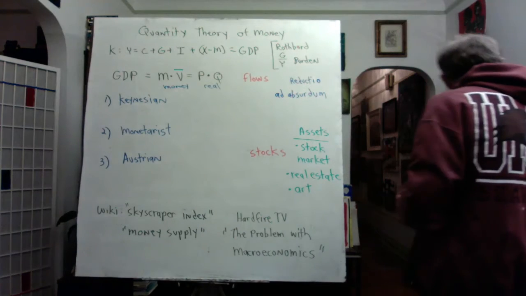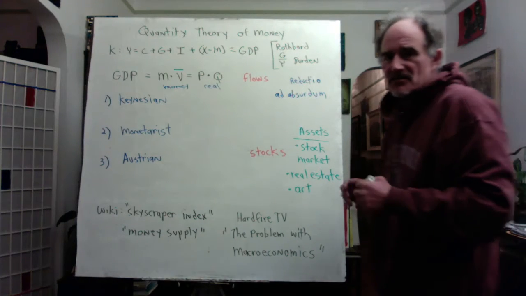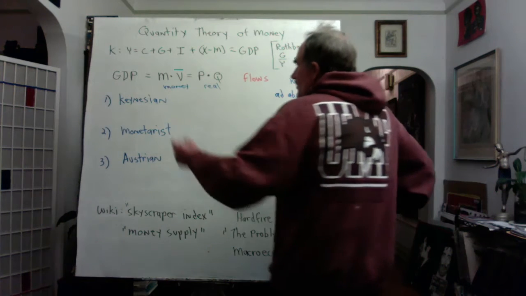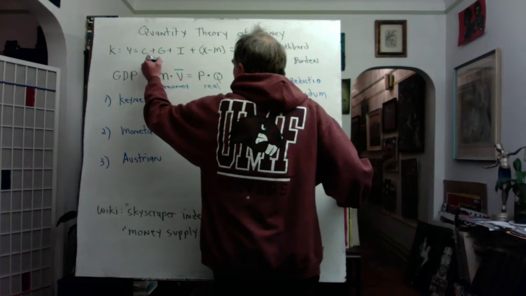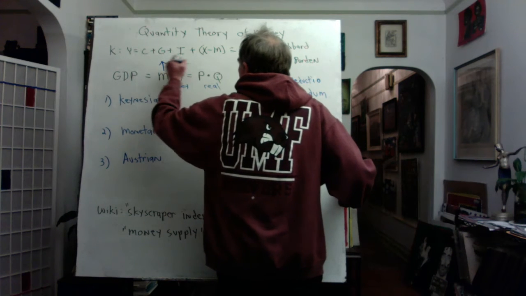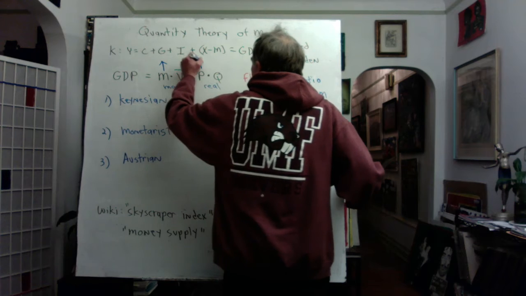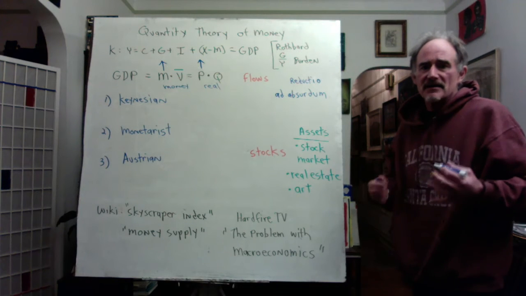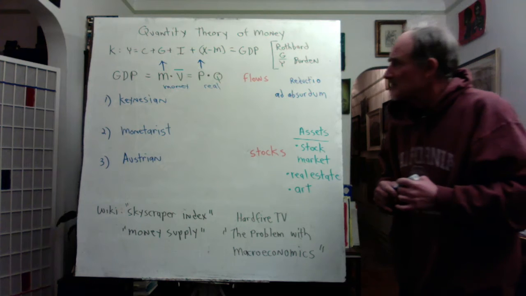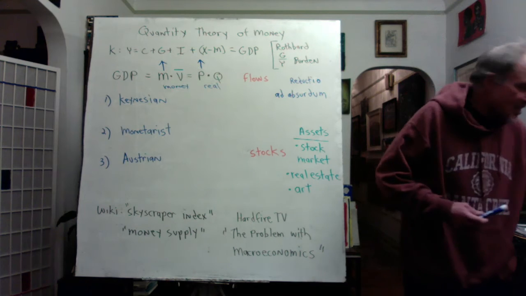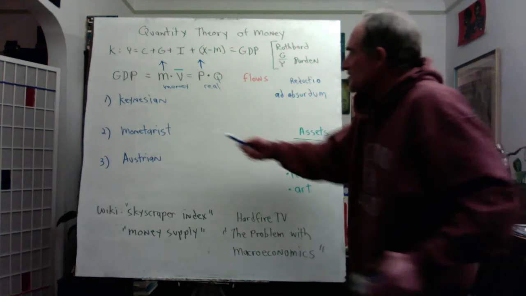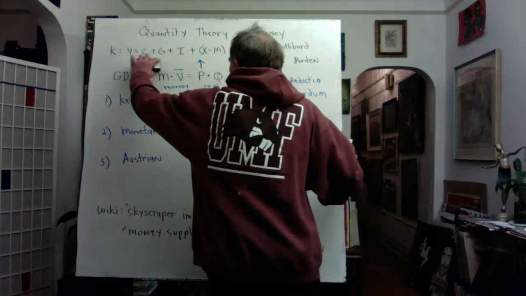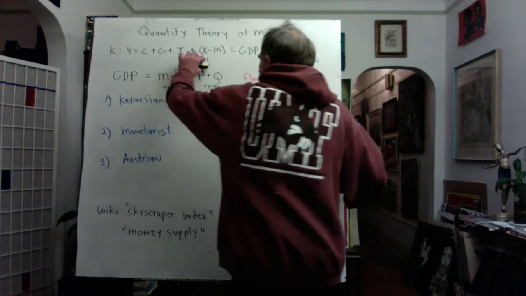For monetarists, Chicago School monetarists, when you increase the money supply, the only thing that it does is affect prices. It doesn't have any effect on real productivity and standards of living. Now, the Austrian school, they have a different view altogether.